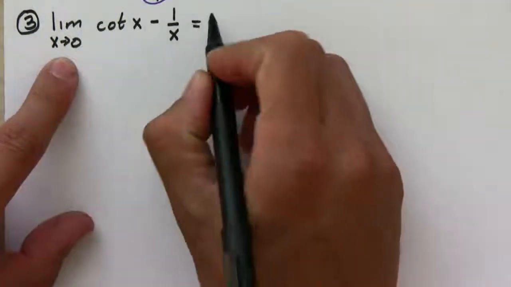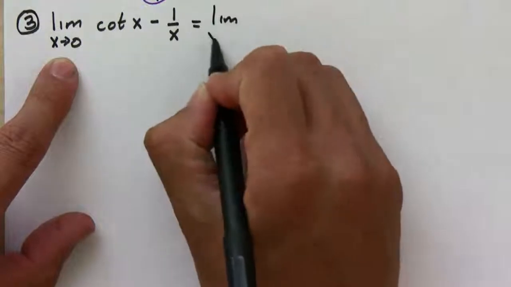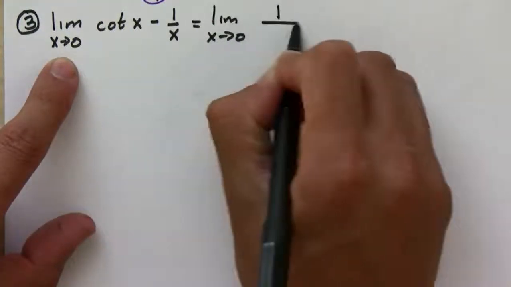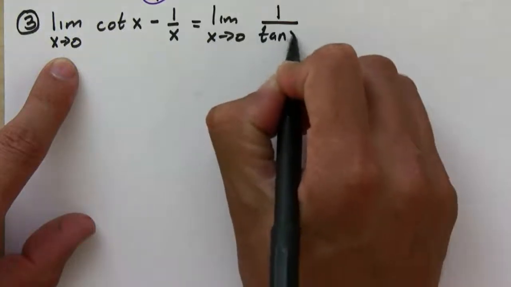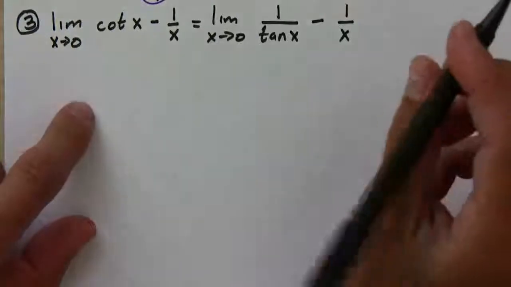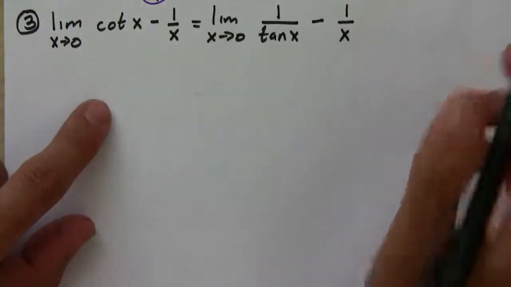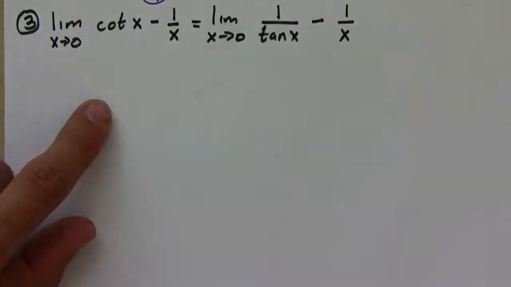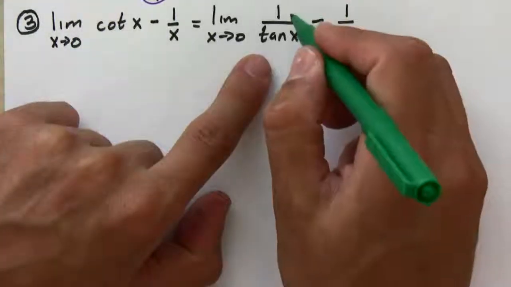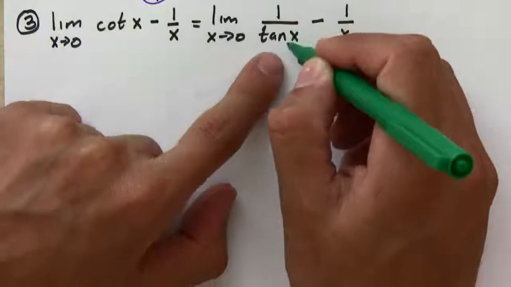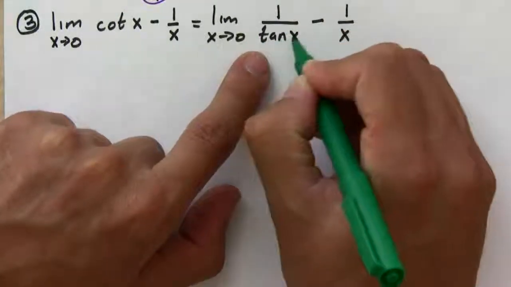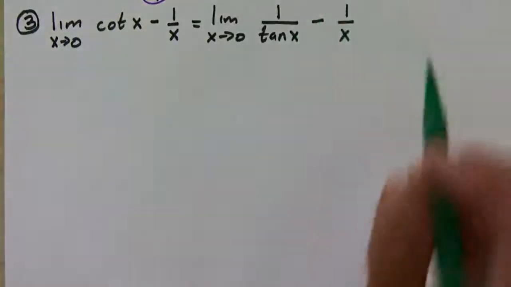Notice, let me rewrite this as the limit as x goes to 0 of 1 over tangent of x minus 1 over x. Okay, so what's going on here, what I have is this guy, 1 over tangent of x. Well, if x is going to 0, that means tangent is going to 0 as well.